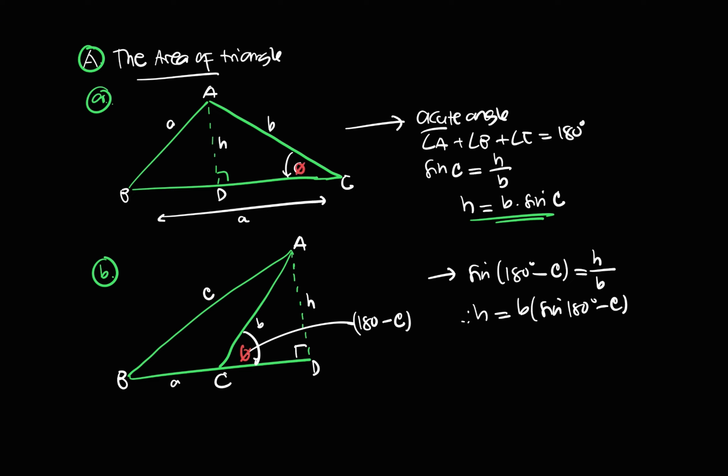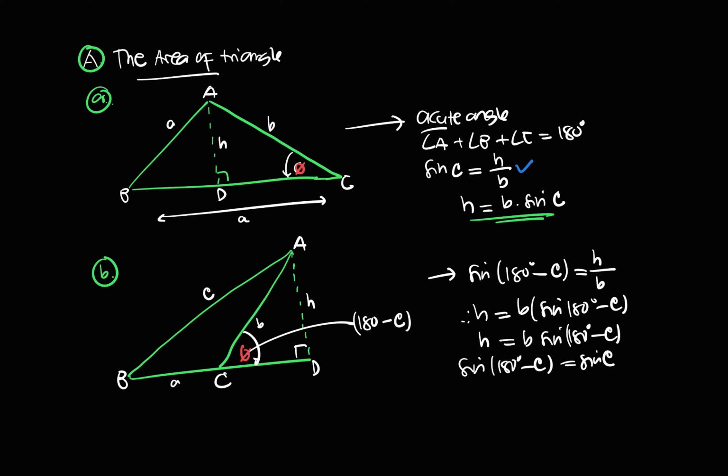Okay, so if we try to simplify, b sine 180 minus C, and then we can also find that sine 180 minus C equals sine C. Sine C, we got that it is h over b.